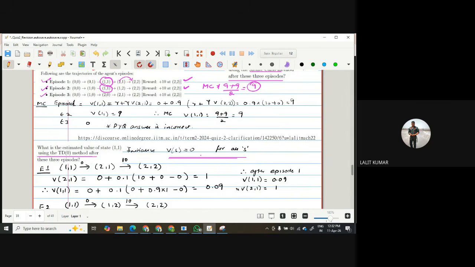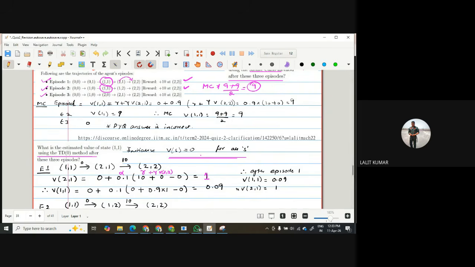So what happens in episode 1? We go from 1,1 to 2,1 and then to 2,2, and the reward they have given. So we solve V(2,1) equal to 0 plus alpha times the TD formula, reward plus gamma into V(2,2), which is 0. So this becomes 1.